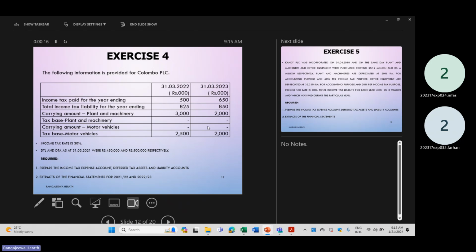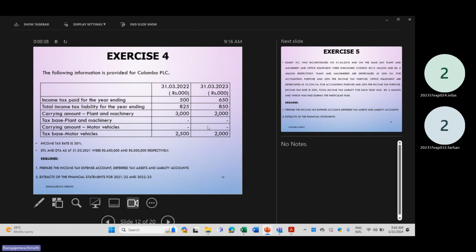Then the carrying amount and tax base. So by comparing this, you can first calculate taxable and deductible temporary difference. Multiply it by the tax rate, you can find deferred tax liability and deferred tax asset.